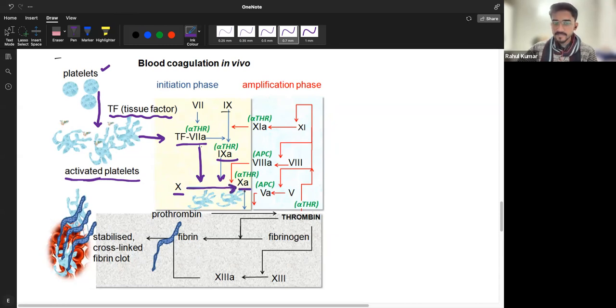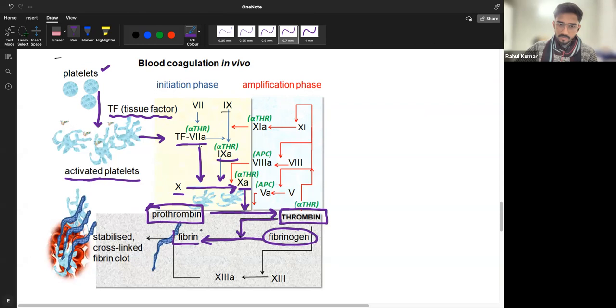This 10A goes and activates prothrombin, which is present in the blood in an inactive form, into thrombin, which is the active form. Now it can do its function. The function of thrombin is to convert fibrinogen, the inactive form, into fibrin. Do you see this arrow? It is going and activating fibrinogen into fibrin.